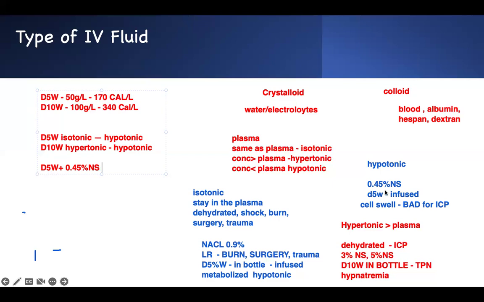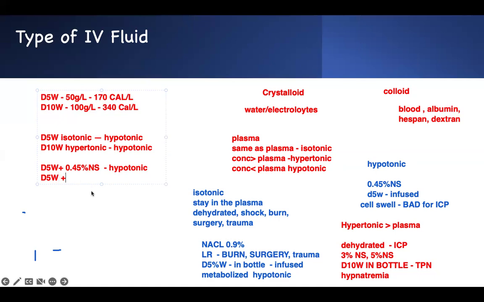So when you add them together, this becomes an hypertonic solution. It's now higher than plasma concentration. So it's now hypertonic. But when you metabolize it, it will turn into hypotonic, because you metabolize the D5. Now you're left with 0.45%, and this becomes hypotonic.